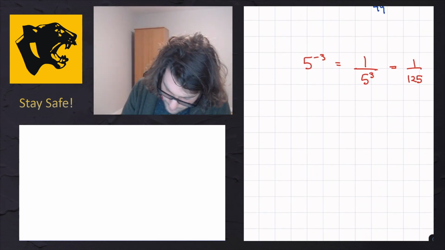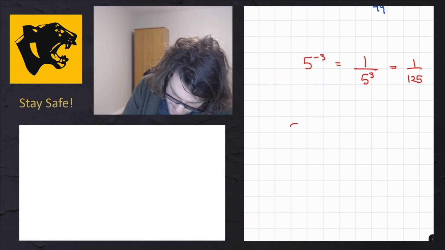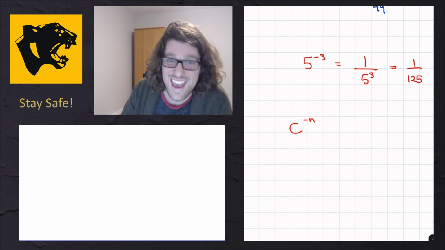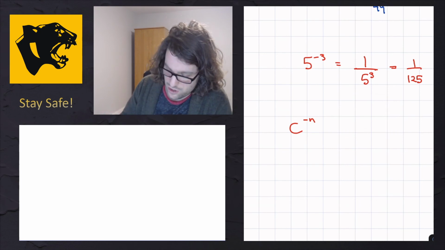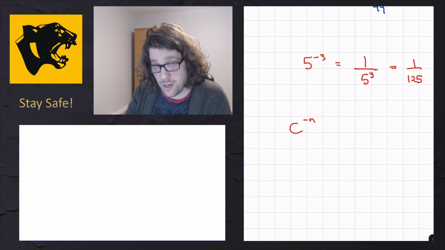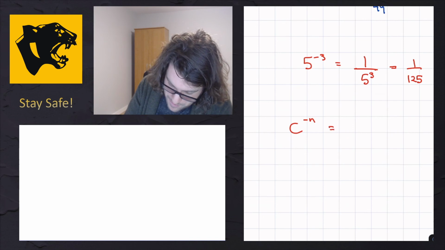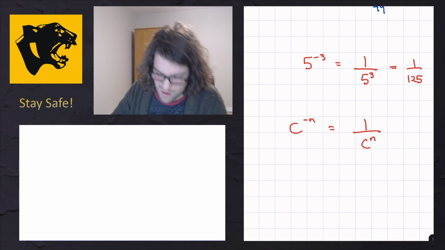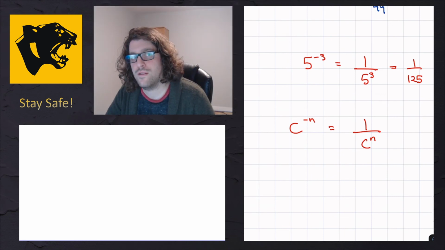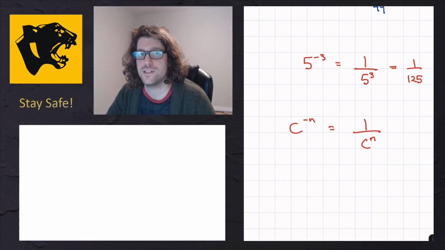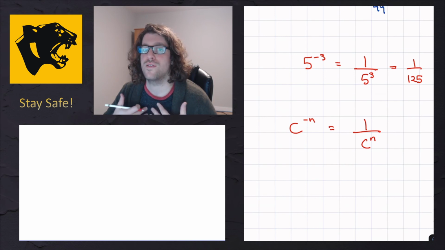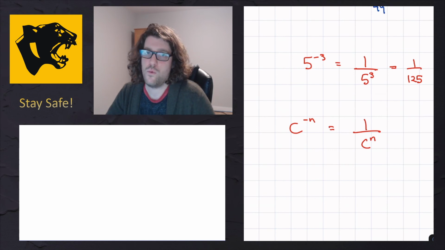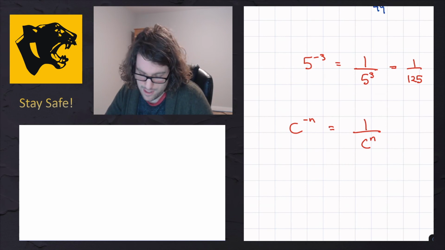In general, if you have some number c to a -n exponent, where n could be any whole number, then that will give you 1 over c to the power of n. So we can flip it, that's what the negative part does, and then we just apply the normal power on whatever has then flipped into the denominator.